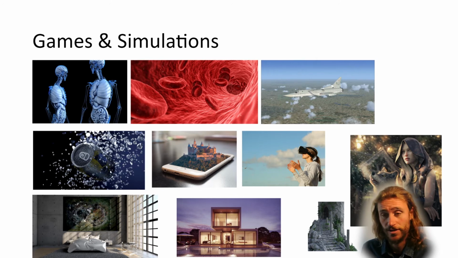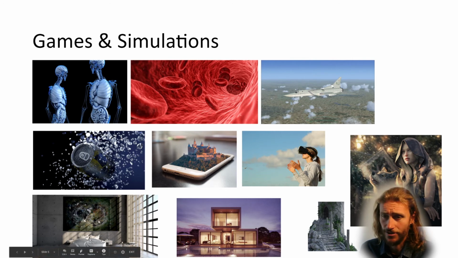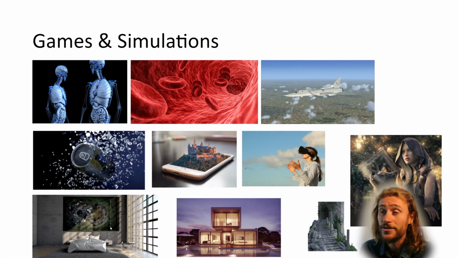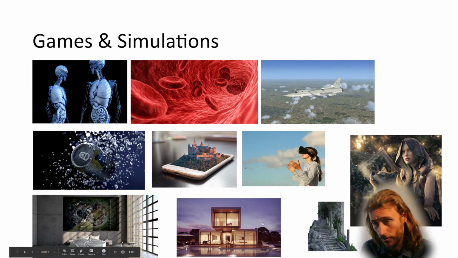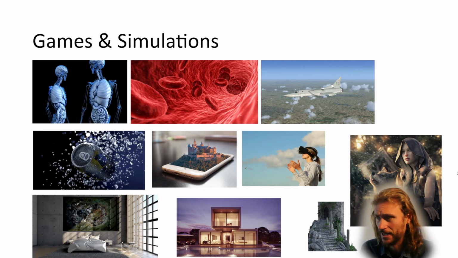Like a 3D movie, like a Pixar movie, or in augmented reality, like in this example, or in virtual reality. Of course, also for architecture and interior design, or, of course, what we're all here for, games: making games or making whole worlds for games.